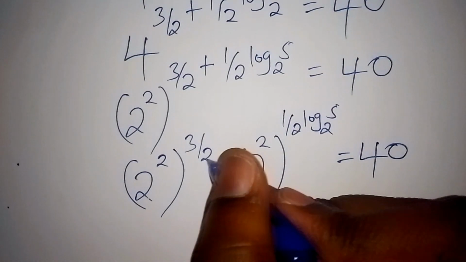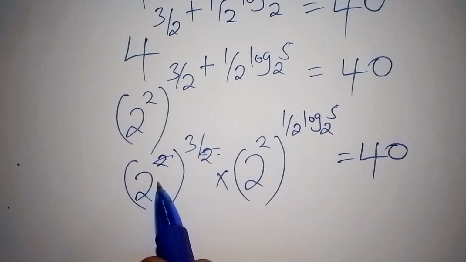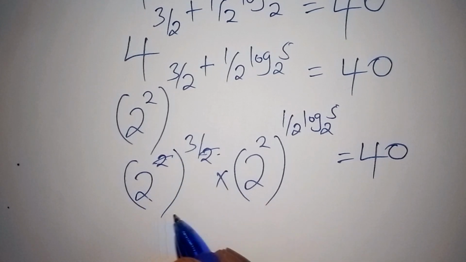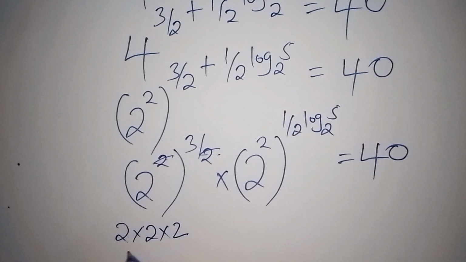So 2 here, 2 here, so 2 by 2 shall cancel, so now we shall have 2 to the power of 3. So 2 to the power of 3 is now 2 multiplied by 2 multiplied by 2. So all these ones now shall add up to, so 2 times 2 is 4, 4 times 2 is 8.